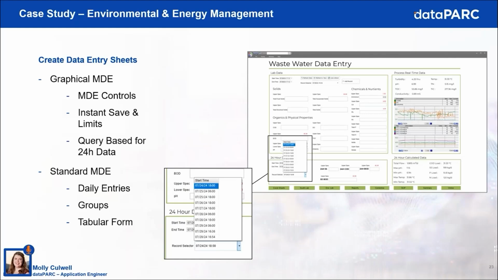This MDE is nice because we can actually do a query-based MDE. Instead of adding a new record every time we have a 24-hour or 5-day test, because it's a whole day later, we can have this query-based approach where we get all of the records from the entry above, and we can select which day and which hour our 24-hour test is for.